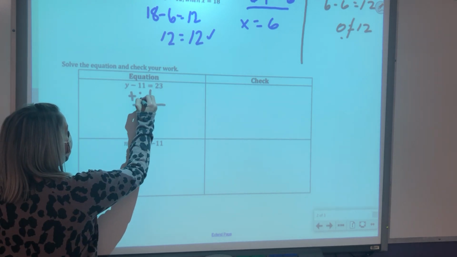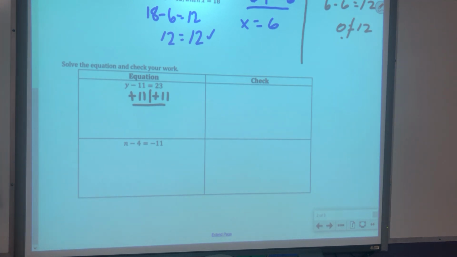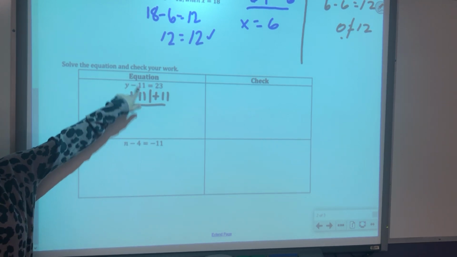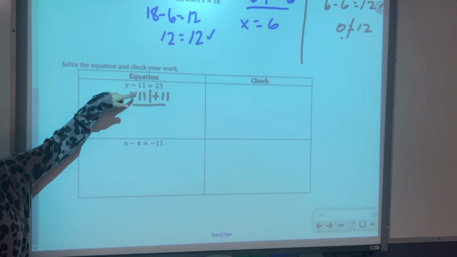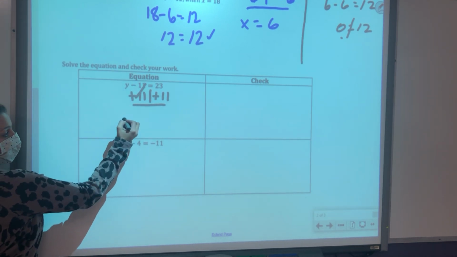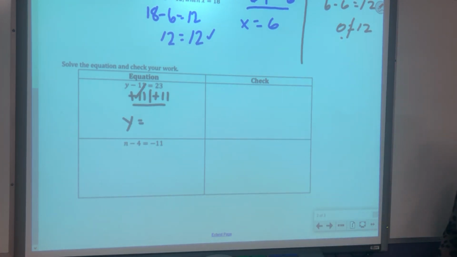So we're going to add 11 to the left and add 11 to the right. A negative and a positive always makes 0, right? Negative 11, positive 11, that makes your 0. Bring down your y. And then 23 plus 11, 34.